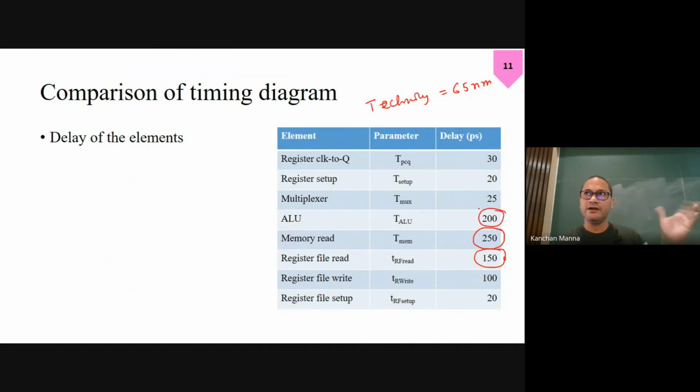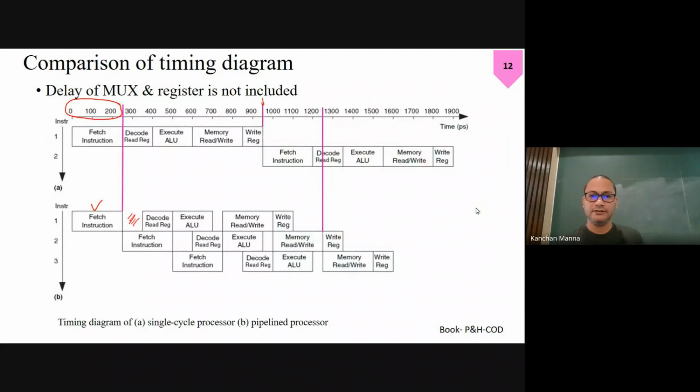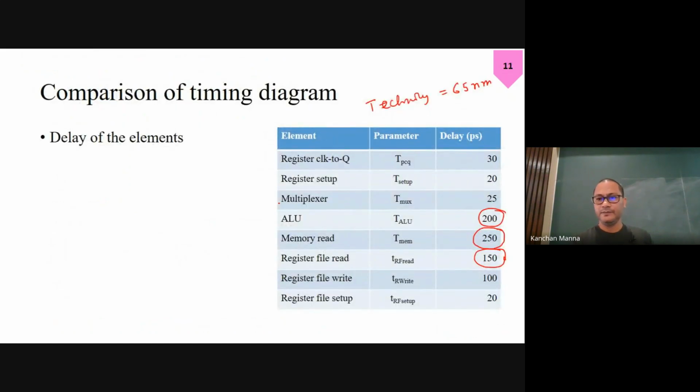So that empty part, we'll discuss. And then another memory takes 250, and then writing to the register file, that you can see here is 100.